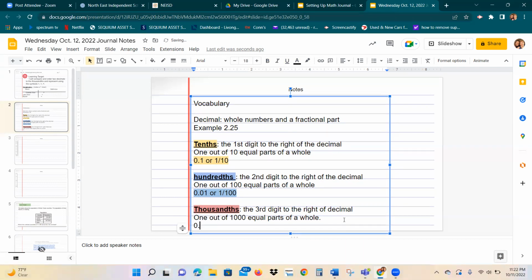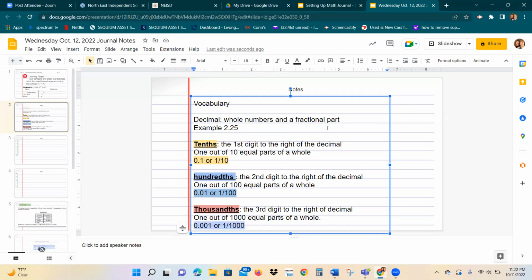The decimal separates the whole number from the fractional part. 0 for the tenths, 0 for the hundredths, and then I'm representing only 1 out of the 1,000 parts. Or the fraction would be 1 backslash 1,000. Okay, and so that's the way we would write that.